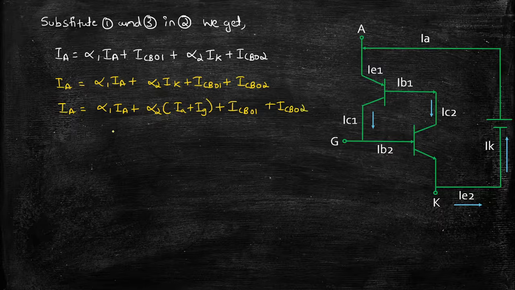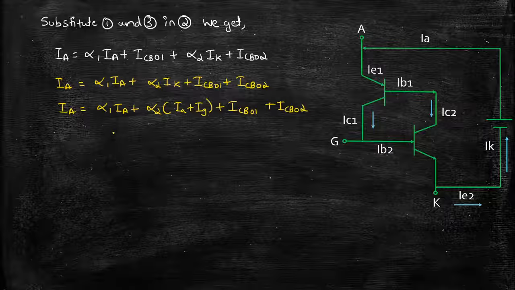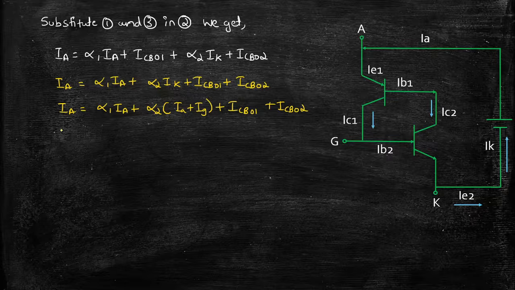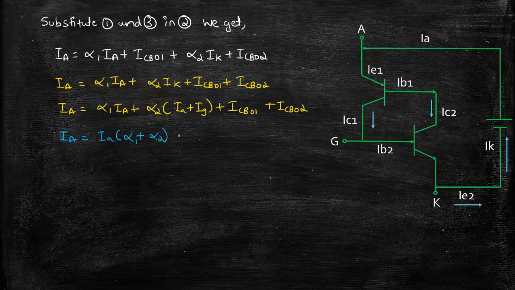Once this is done, I will regroup this equation: IA is equal to alpha 1 into IA and alpha 2 into IA. Can I write IA as common and write alpha 1 plus alpha 2 together? Then I write alpha 2 into IG as it is, and keep ICBO1 plus ICBO2.